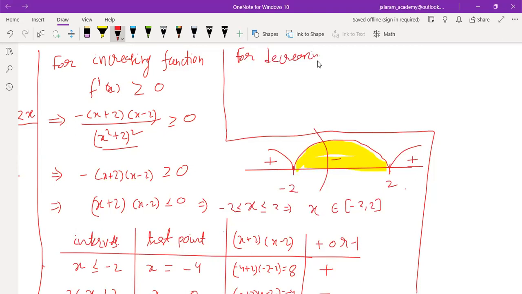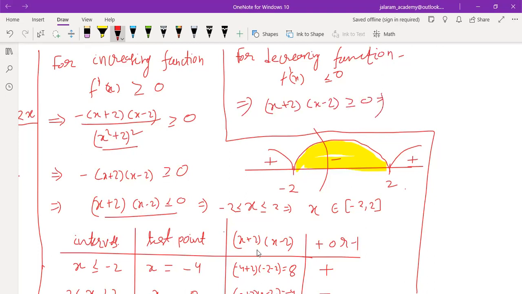And for decreasing function, f dash x must be less than or equal to 0, and it will finally give the opposite of this, means x plus 2 into x minus 2 is positive, which is possible when x is less than or equal to minus 2 or x is greater than or equal to 2.